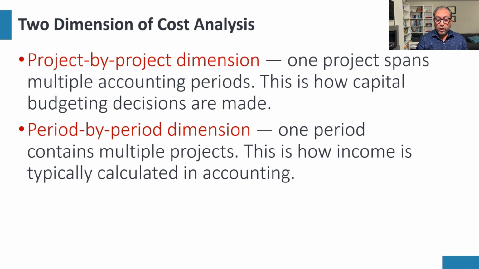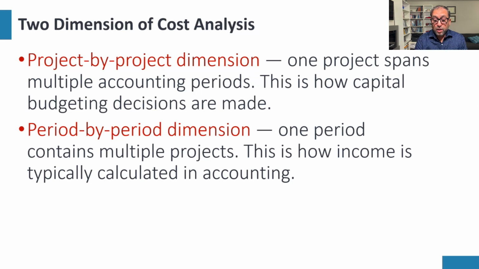So when we are comparing projects, we are taking the whole life of the project, which can spread over many accounting periods. So one project spans multiple accounting periods. This is how capital budgeting decisions are made. We have to look throughout the life of the project, not just focus on only one accounting period or the current period. We have to focus overall throughout the project life.